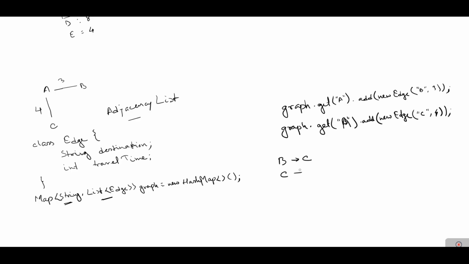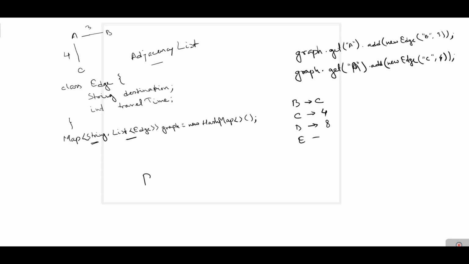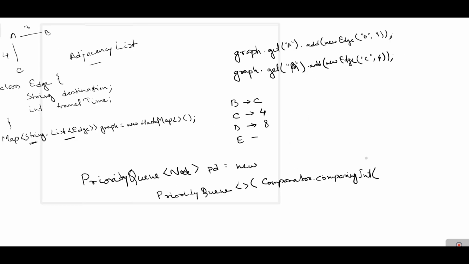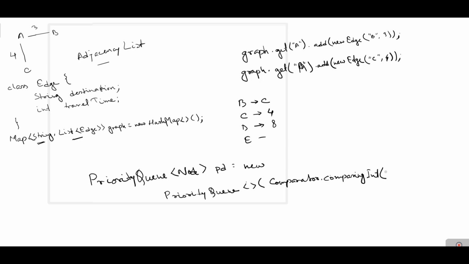Now, remember the question from the previous chapter. We always wanted to explore the closest intersection. In Java, that's exactly what a priority queue gives us.